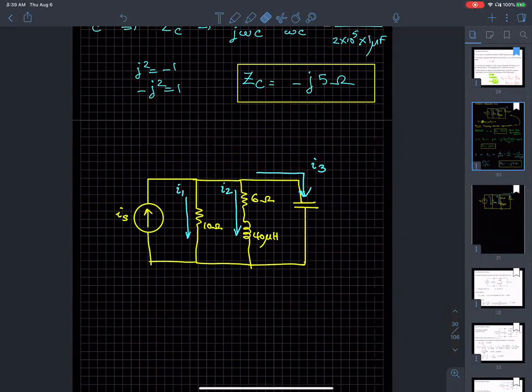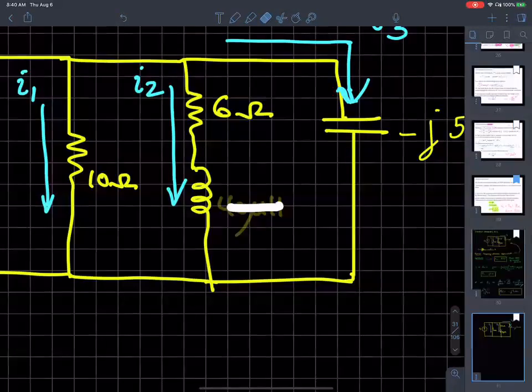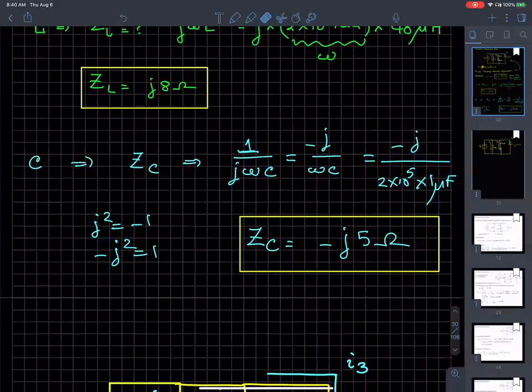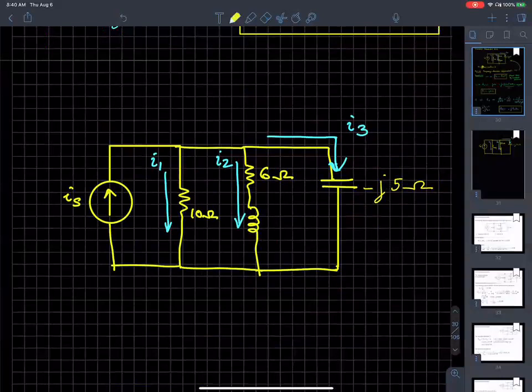So this 1 microfarad capacitance is going to come out to be negative J5 ohms. The resistance of 6 ohms is still the same. Then this 40 microhenry inductance is translated into J8 ohms here. The 10 ohms resistance is still going to be the same. Remember, the resistor is the same in frequency domain and time domain.